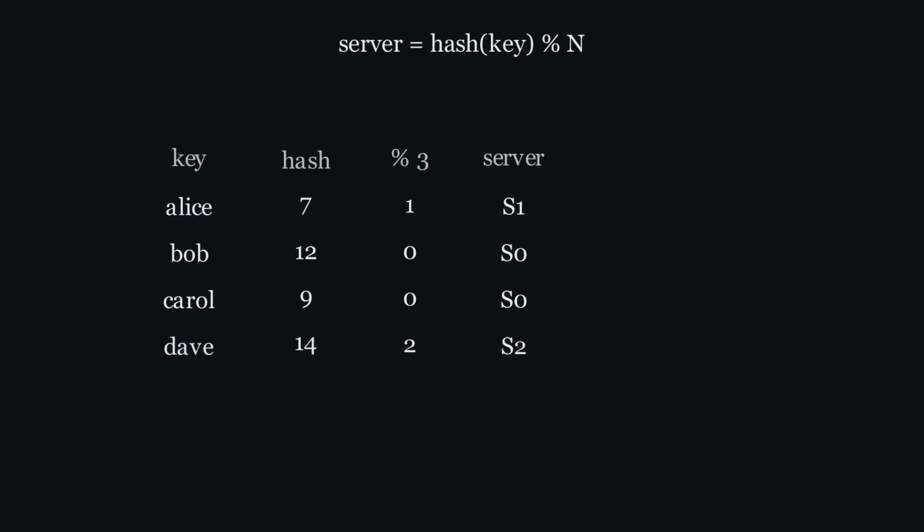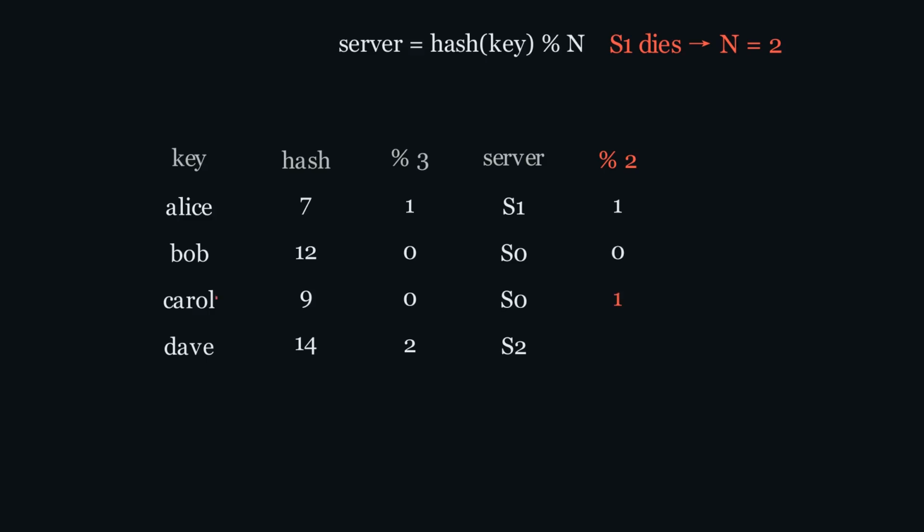Now, server 1 dies, n goes from 3 to 2, and here's the problem. The modulo of every hash changes. Alice was 7 mod 3, server 1. Now she's 7 mod 2, server 1. Okay, lucky. Bob, 12 mod 3 was 0. Now 12 mod 2 is also 0. Also lucky.